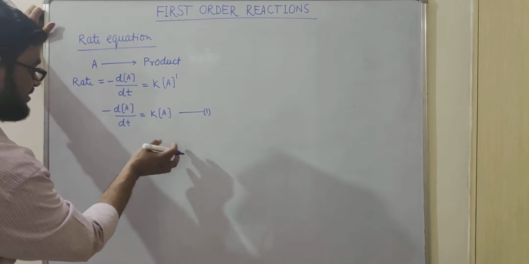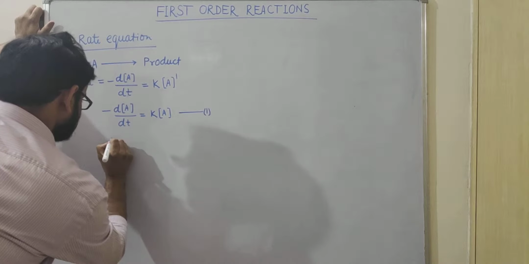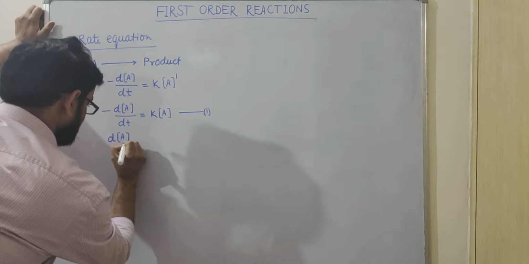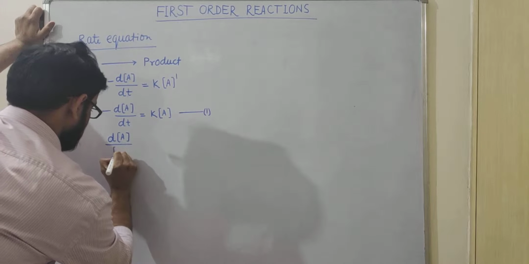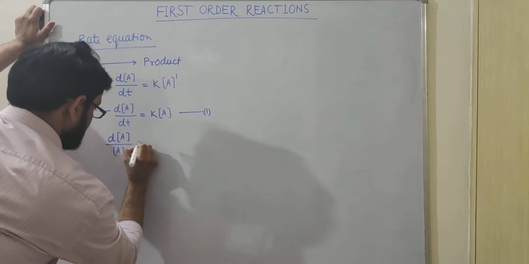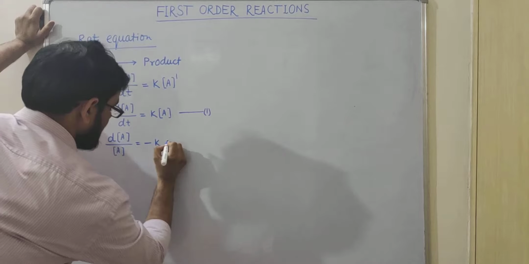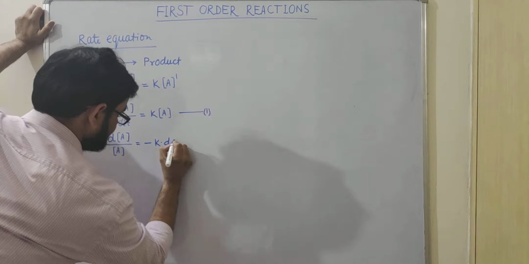After rearranging equation number 1, we will get dA upon A is equal to minus k into dt.